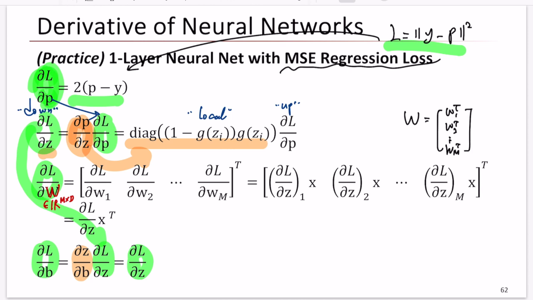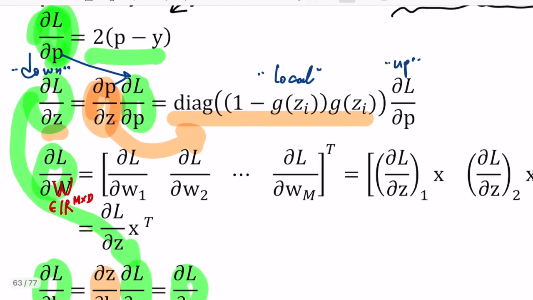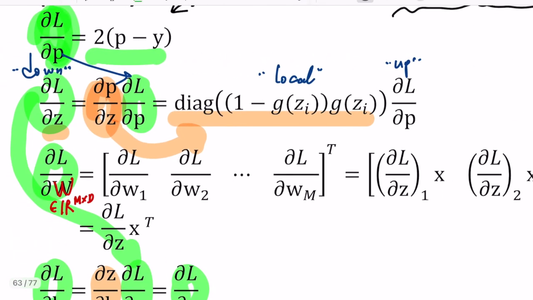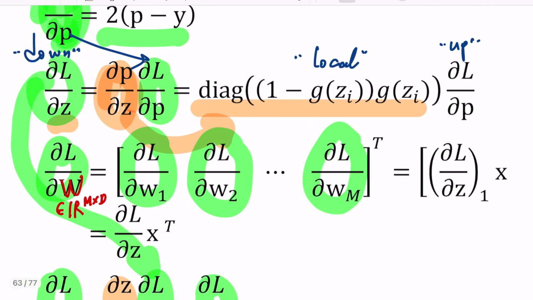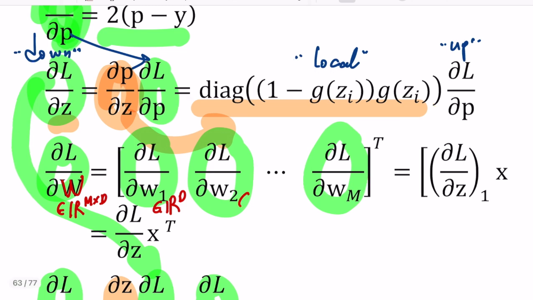Based on this observation, we decompose the loss gradient with respect to W into the loss gradient with respect to w1, w2, up to wm, where each w vector is a d by 1 vector. So it's going to be the scalar to vector case.